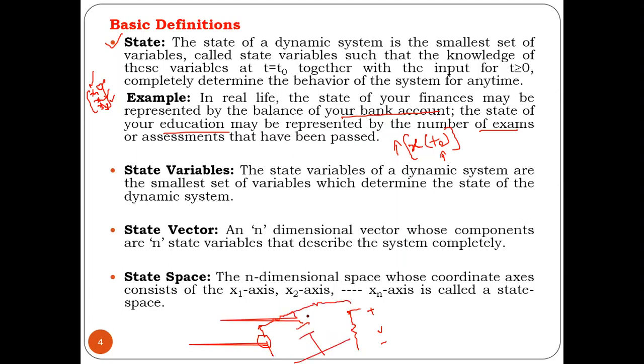You need to know the voltage at this point, the current flowing through this, and the current flowing through this. With this information, you can understand the status of this circuit. So based on some features of a system, we can define the state of that system at that particular moment, at that particular time.